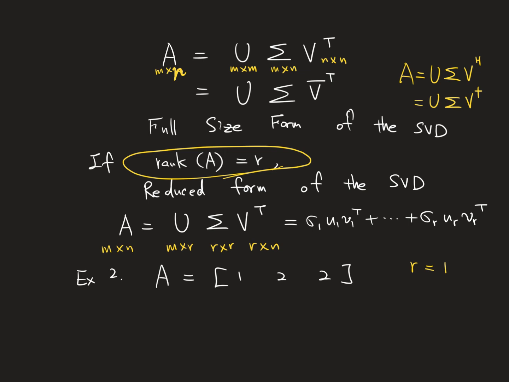And if we do the singular value decomposition, sigma is 3, the singular value for this matrix, and then 1 over 3, 1 2. This is U, this is sigma, and this is V transpose. So this is a singular value decomposition for this simple matrix.